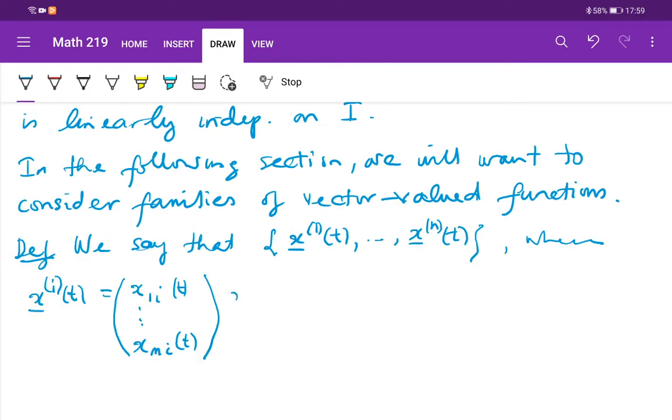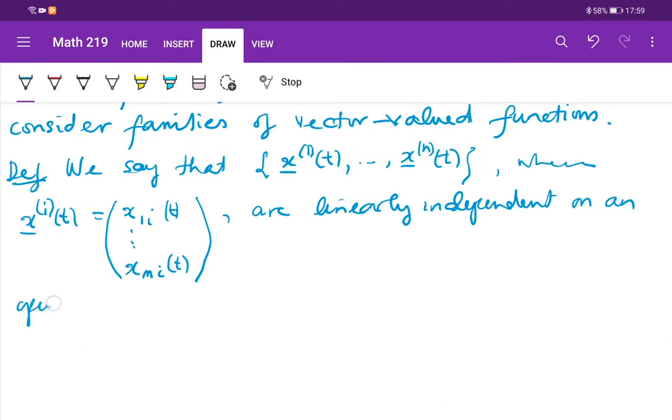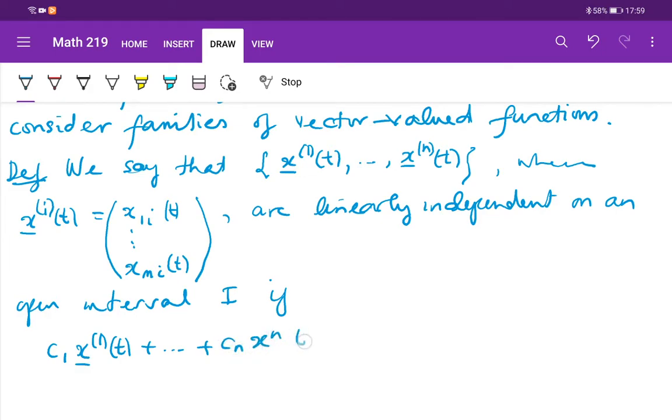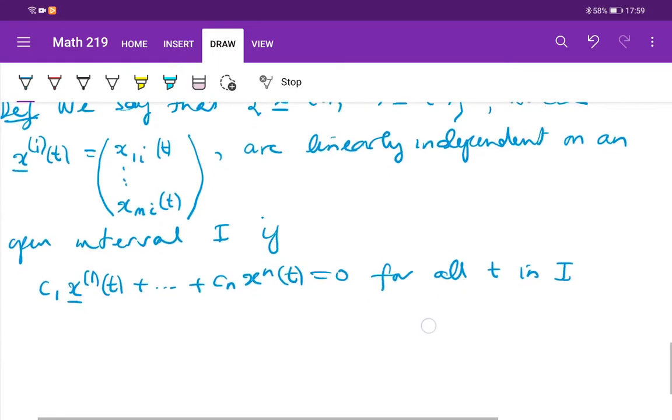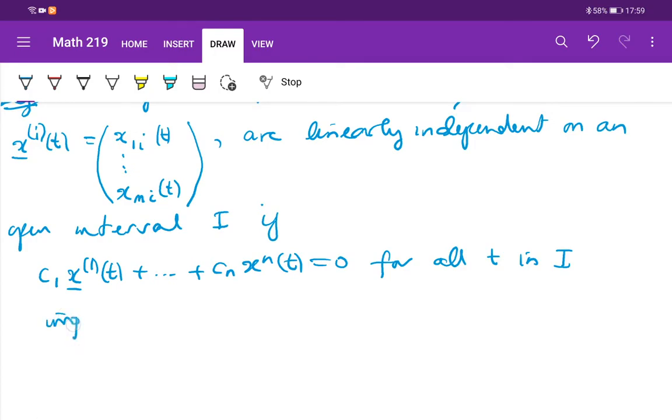So these are vector-valued functions. We say that these are linearly independent on an open interval I, if whenever this sum is equal to 0 for every t, this implies that all the c's are 0, so c1 up to cn equals 0.